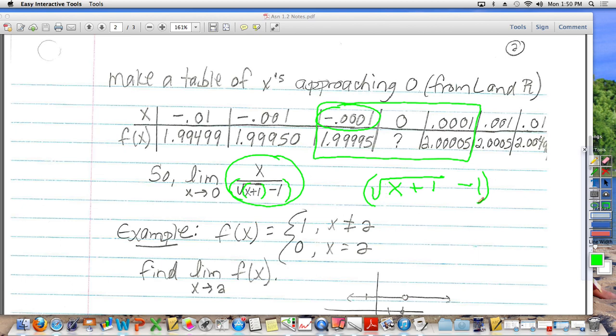And again, you might actually have to highlight that y value so the real thing shows up at the bottom of the screen, 2.00005.